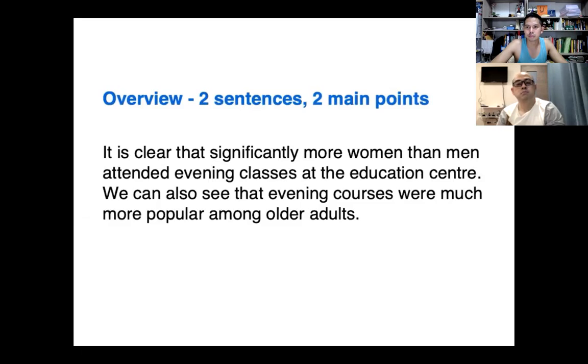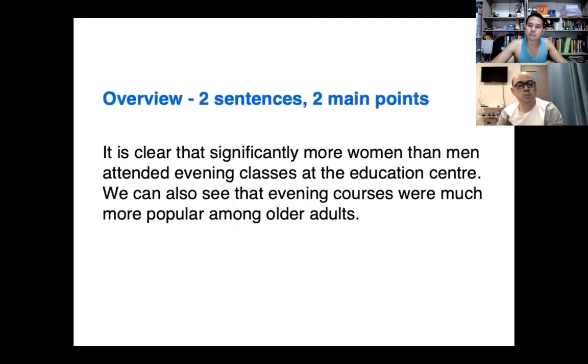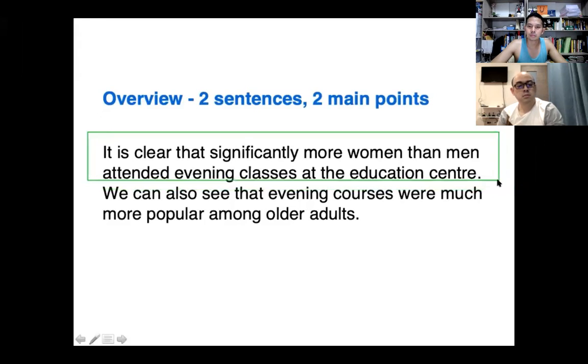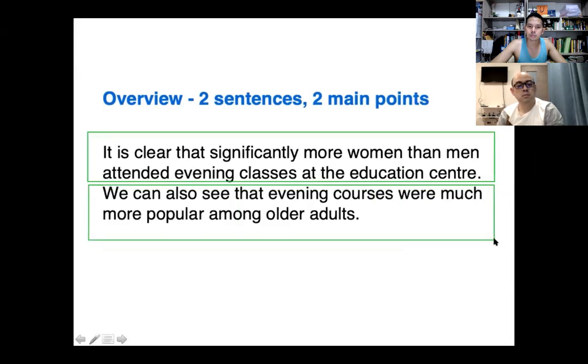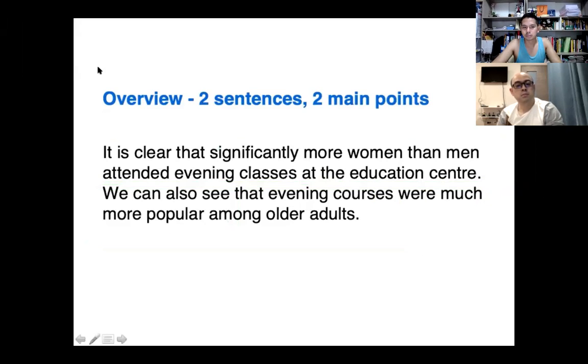Older adult, you will say, how old are they? Should I write it now? You can, but maybe not now. You can write it here, but you can write it separately in another paragraph. And you should, have you noticed that? One information, one sentence. I didn't compare them together. I just put the information in 2 separate sentences. Okay? So that is a very important feature that you should notice.